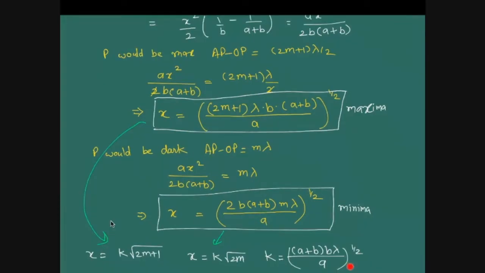And then if we want to see how with the change in order, which is m, your fringe separation will vary, if I substitute k over here, I will be only left with 2m. So your x is k times root of 2m, and for maxima it is k root of 2m plus 1.